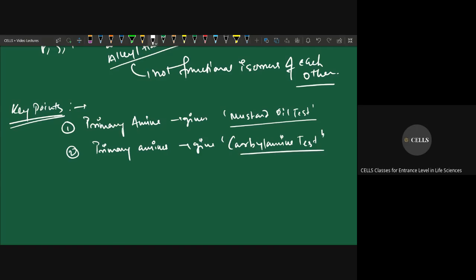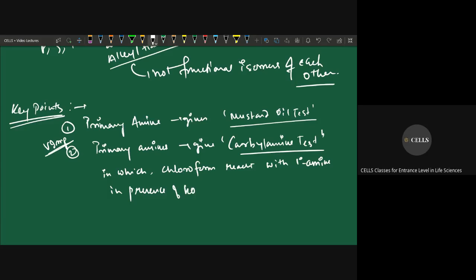This is very important. JEE has asked this question many times. Chloroform reacts with the primary amine in the presence of KOH and gives isocyanide. From the isocyanide, we get a bad smell.